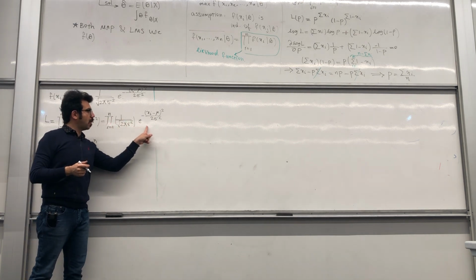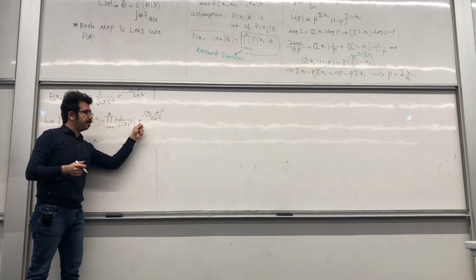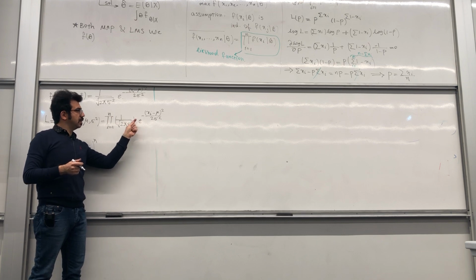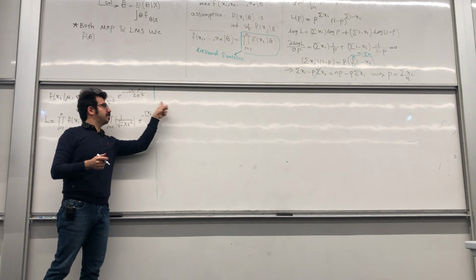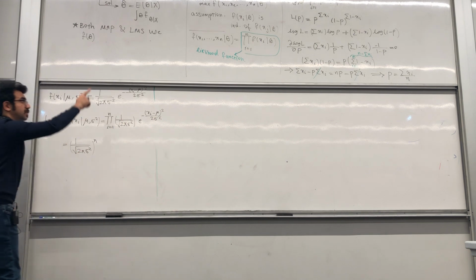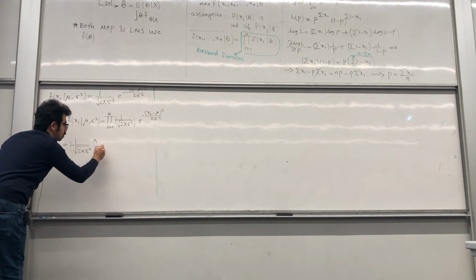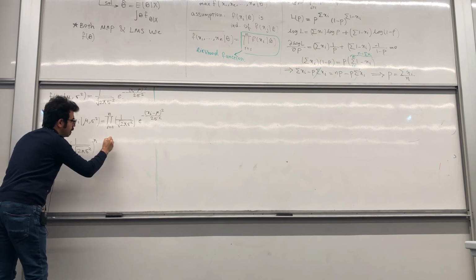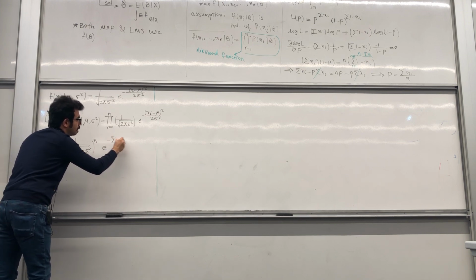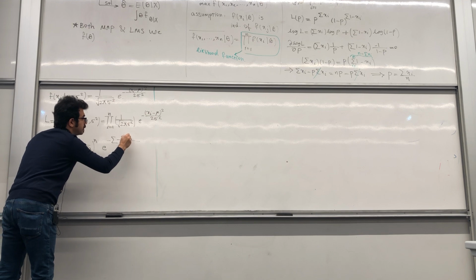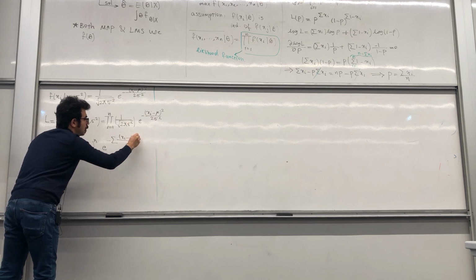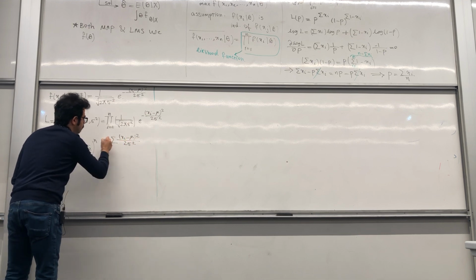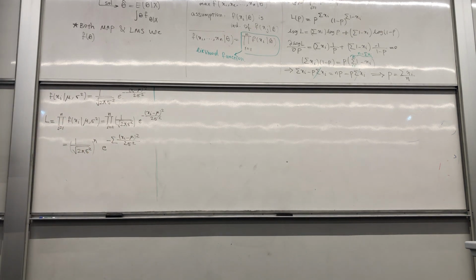Once I multiply all these terms together, the base is always e, and the exponent will be summed up, similar to the previous question we had. So it will be e to the power of minus summation of (xi minus mu) to the power of 2 over 2 sigma squared. Make sense? You follow?